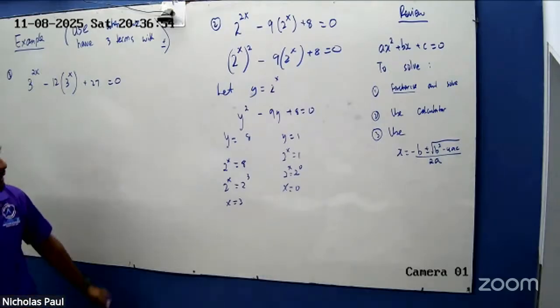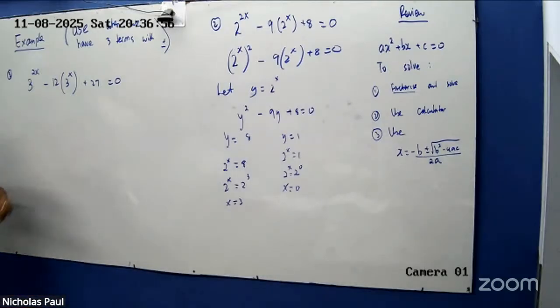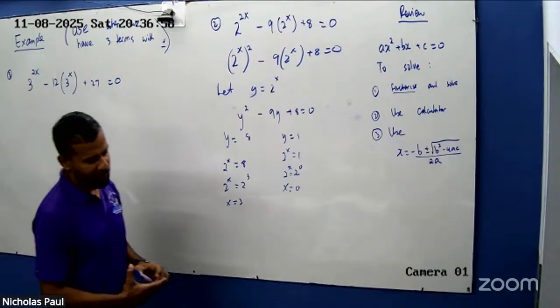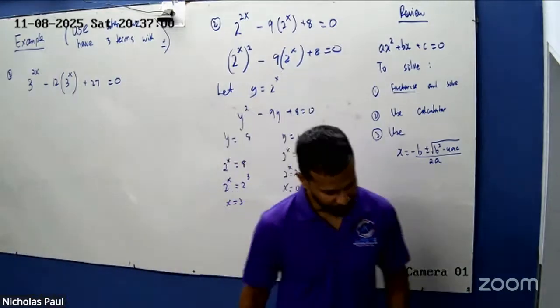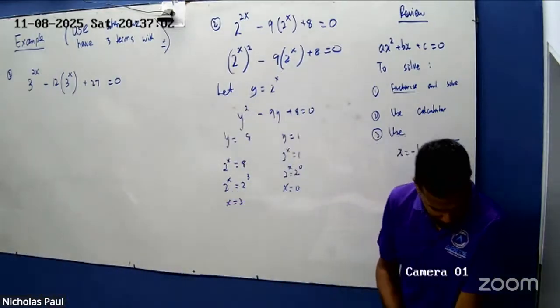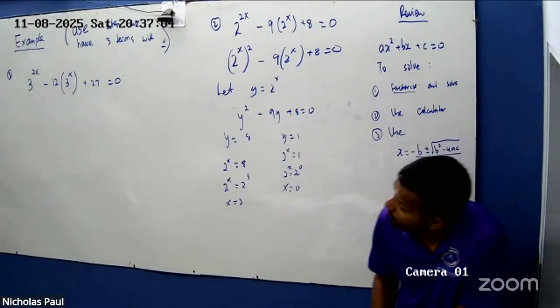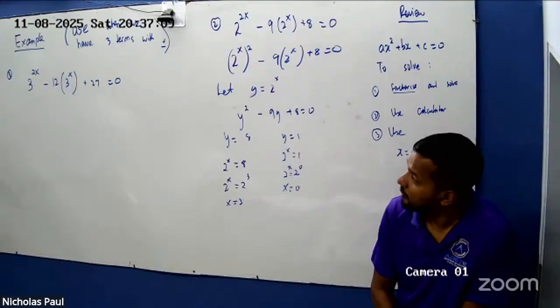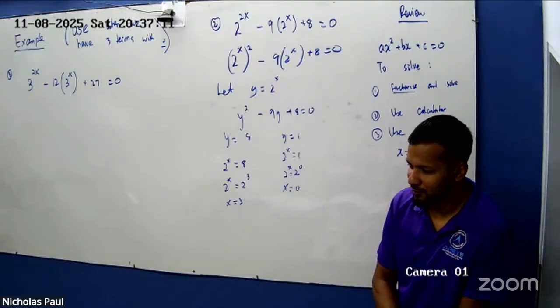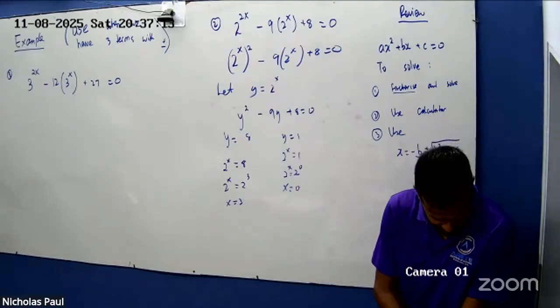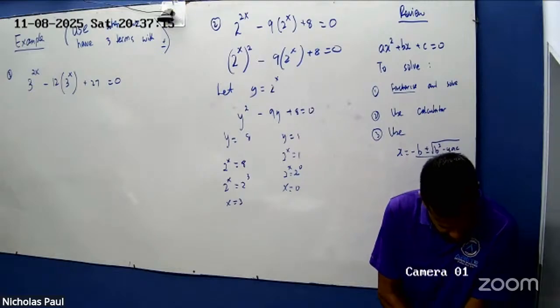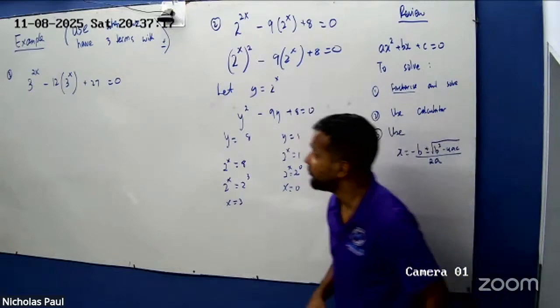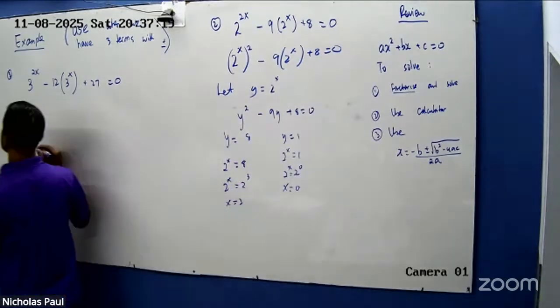The last easy one, because that's three easy ones. Let's go a little bit harder. Three to the x.